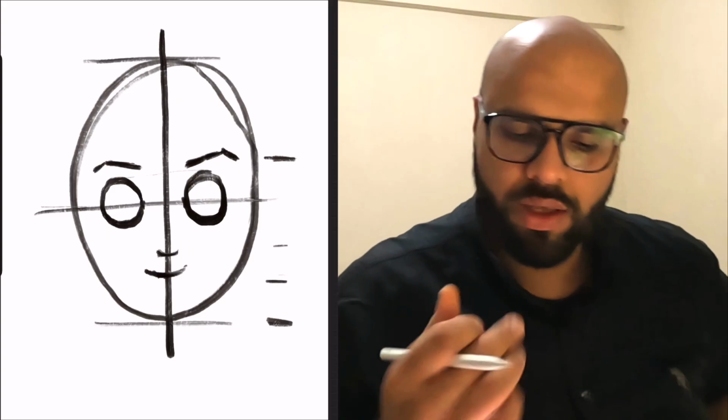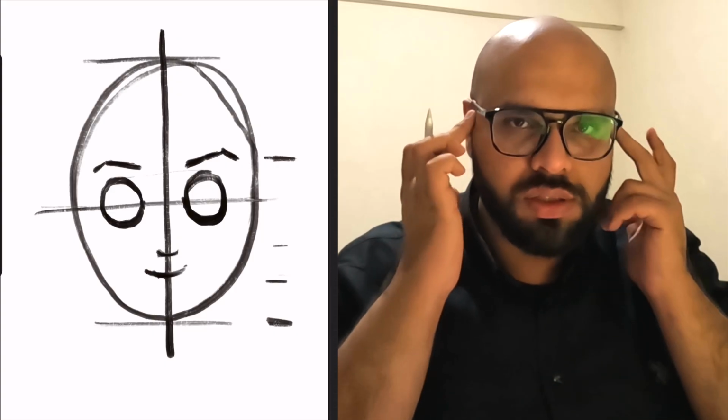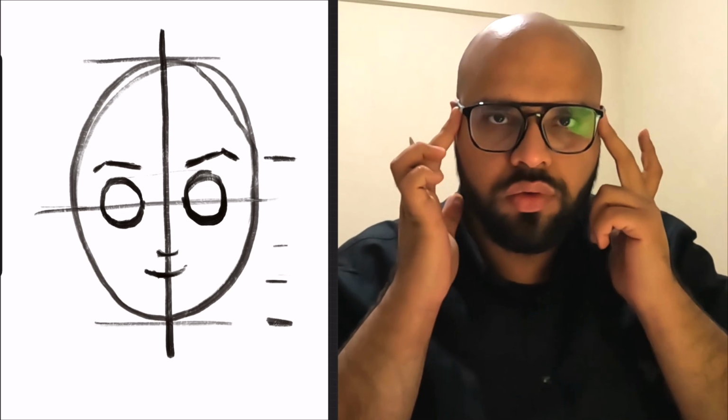So now we have our mouth, nose, and these things sorted out, and of course the ears start just between the eyebrows and the eye. Of course, I am wearing glasses, maybe you're not. So here, from the corner of the eye to the side, I usually take about half an eye distance.